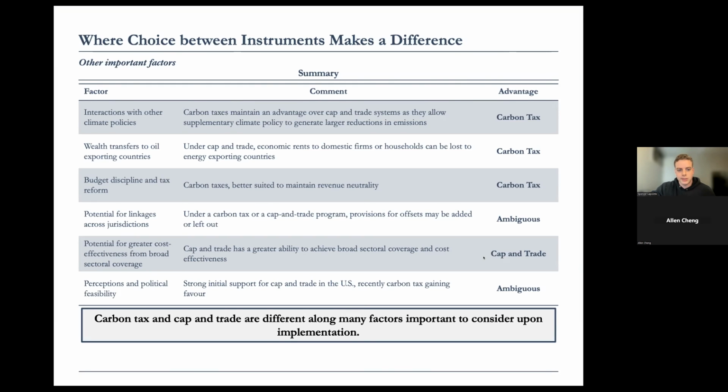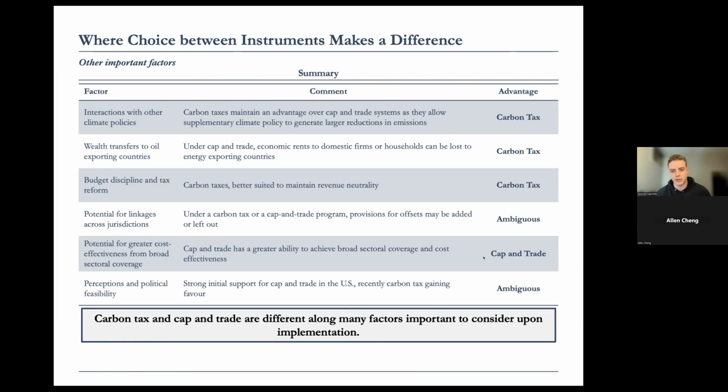Fourthly, potential linkages across jurisdictions. And so there will be the need, as these programs become more common, to harmonize and allow for potential synergies between different programs. And so with a carbon tax and a cap and trade program, the offsets may be added or left out.